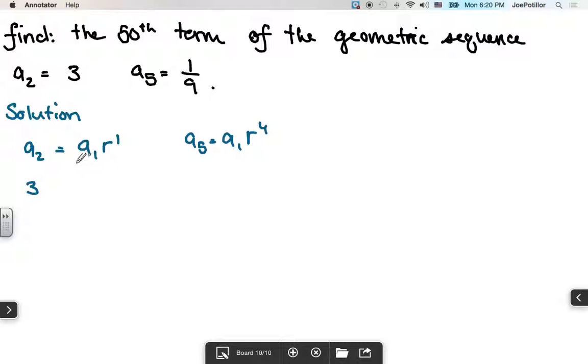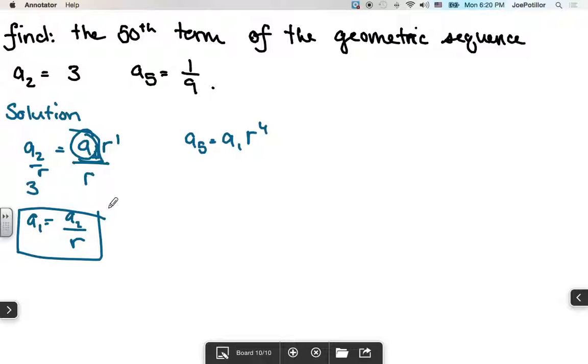So if I solve for a1 in this situation, I can plug it back in. So a2 is equal to a1 times r, so a1 is equal to a2 divided by r.